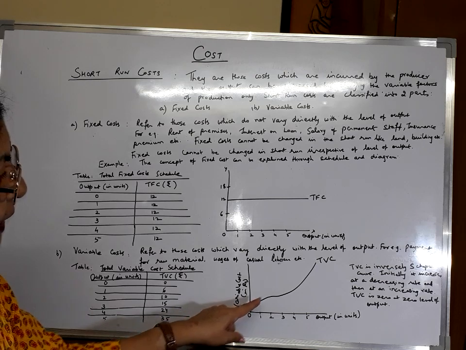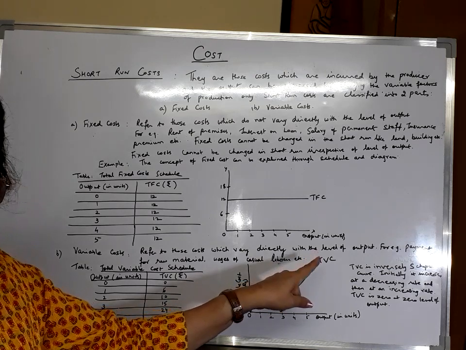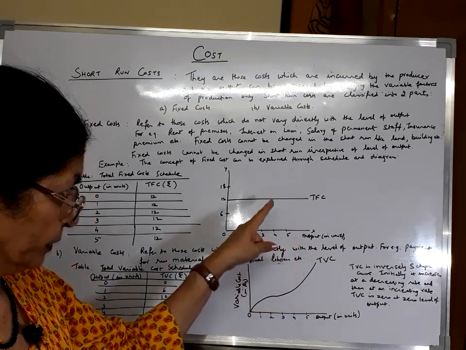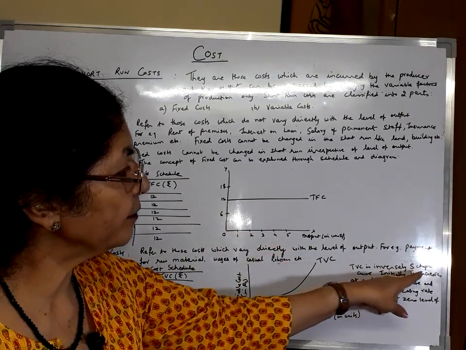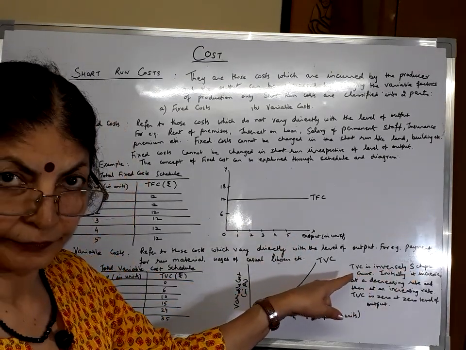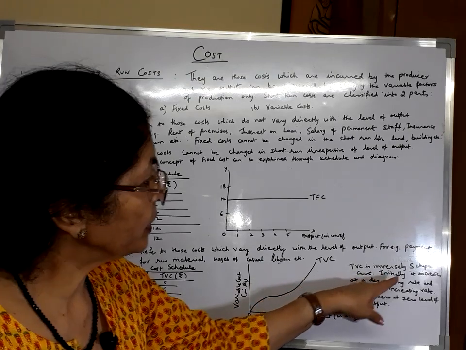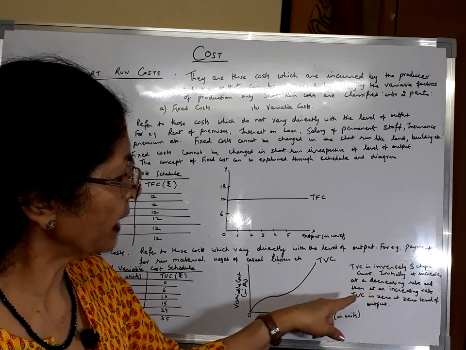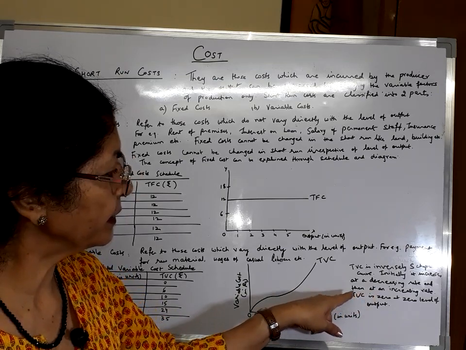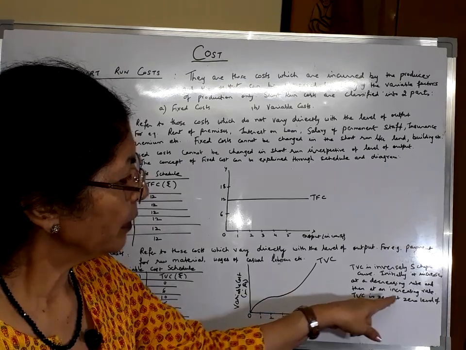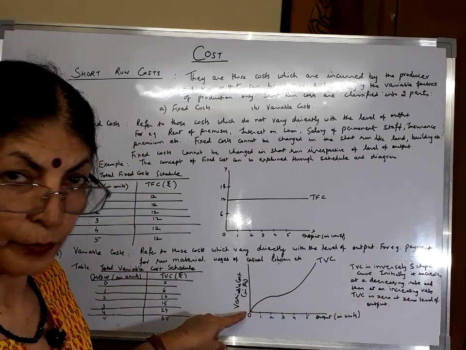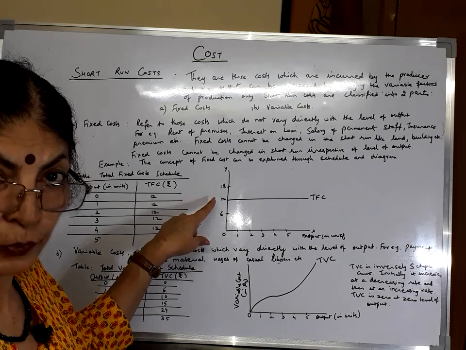This is explained by this shape of the TVC curve. The TVC curve and TFC curves are different. The TVC is an inversely S-shaped curve. Please note, initially it increases at a decreasing rate and then it increases at a rising rate. TVC is 0 at 0 level of output, so it starts from 0, whereas your TFC starts from 12 itself.